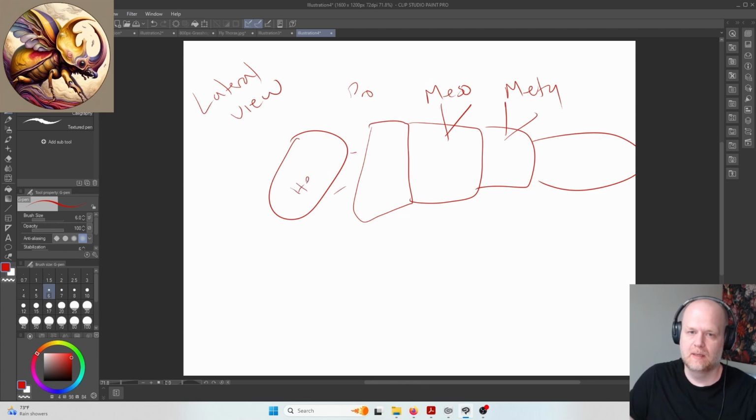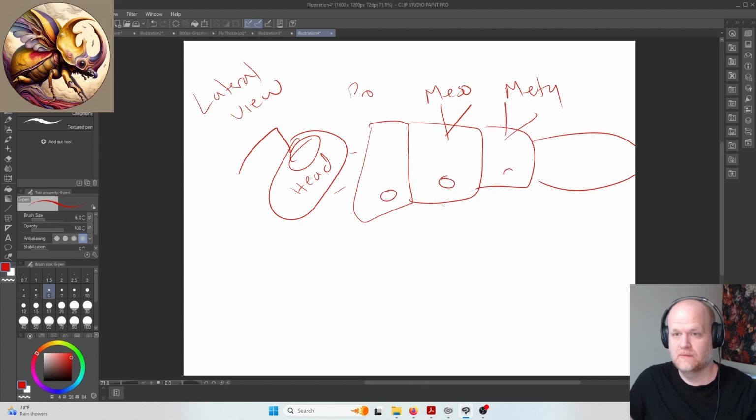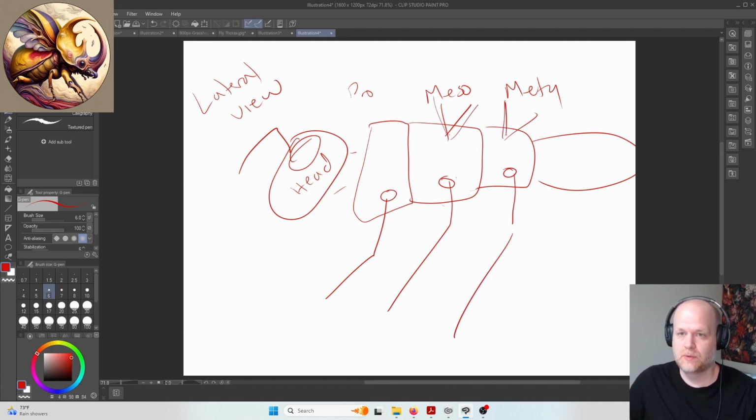This is the head. Here's its big eye and its antenna. The legs come off of the pleural surface of each of the thoracic segments. The wings come off the dorsal surface of the last two thoracic segments. The pronotum will largely be this plate that covers up the neck and the prothoracic dorsal surface, so pronotum.